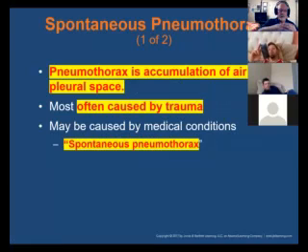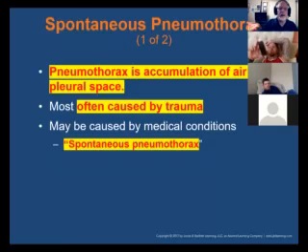It has a little bit of pleural fluid there to prevent problems from friction as that lung expands and contracts. But if air starts to accumulate in that pleural space, we call that a pneumothorax.